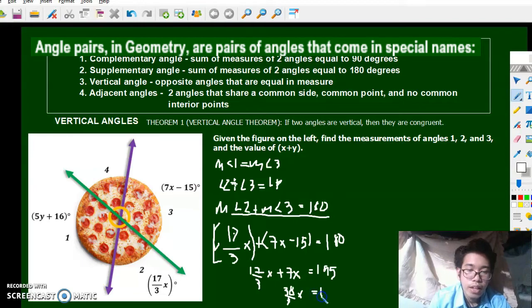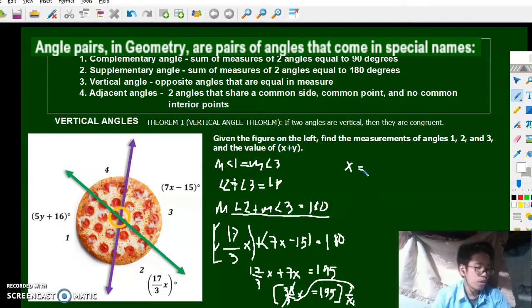Then we simply multiply this entire equation by the reciprocal of 38 over 3, which is 3 over 38. So it cancels on the left side. And what's 195 times 3 over 38?